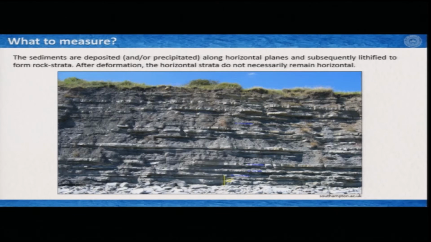So if they do not remain horizontal, that means there must be some sort of deformation in large or small scale. So in this image we see that these layers are essentially horizontal, and if these are horizontal, there is no problem. These rocks are probably not deformed, or even if they are deformed, they remained as they are.